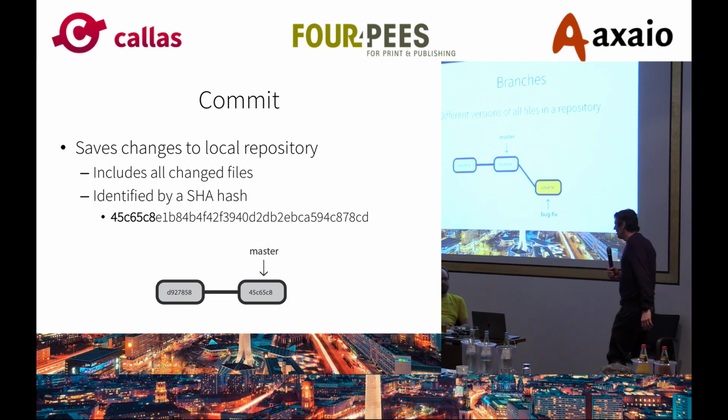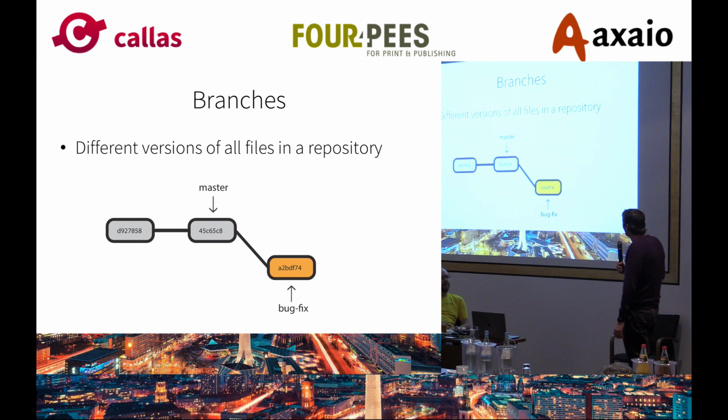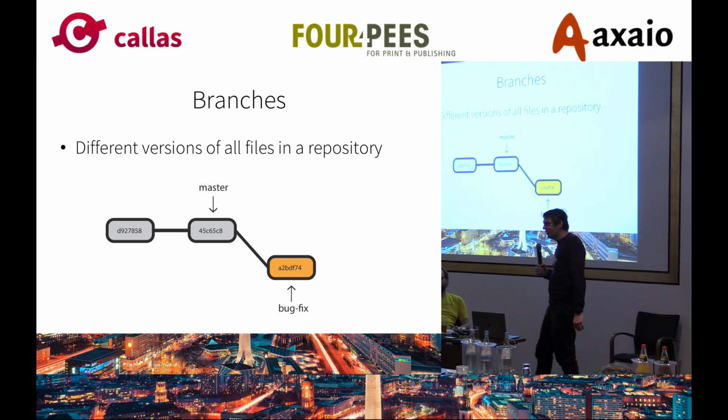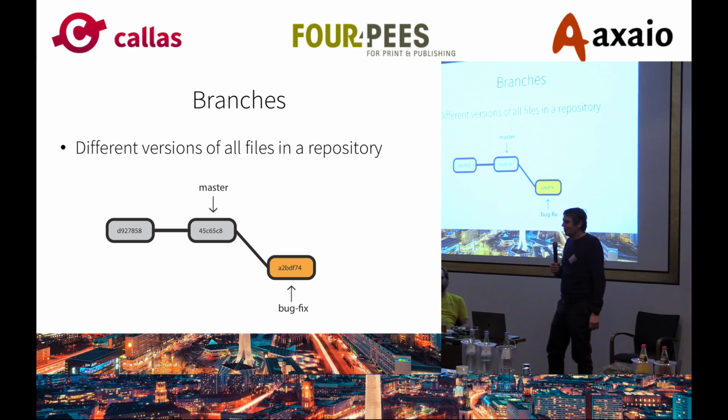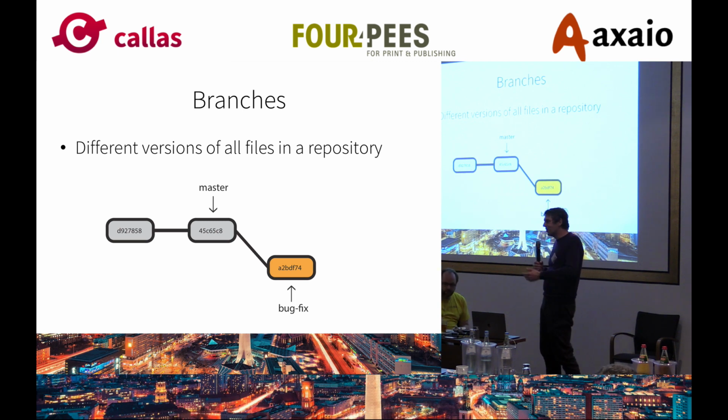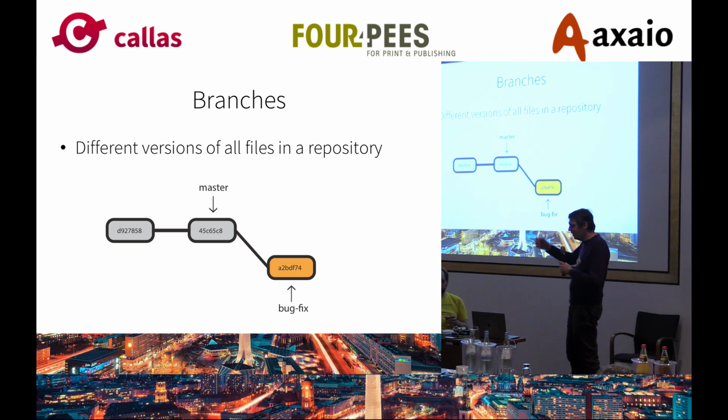So, to make things even more complicated, we can do branches. So we can have two different or as many different versions of the repository at the same time inside our local repository. So we can just say, okay, this is a stable version, I give it a name, I create a branch, so now I have two threads of history, so to speak.